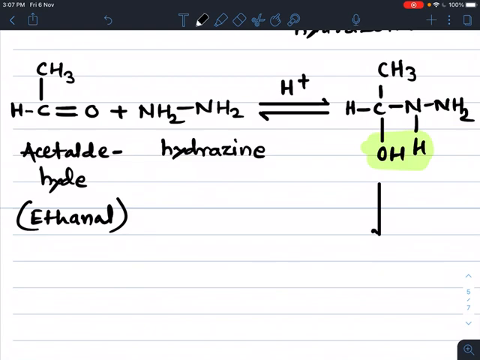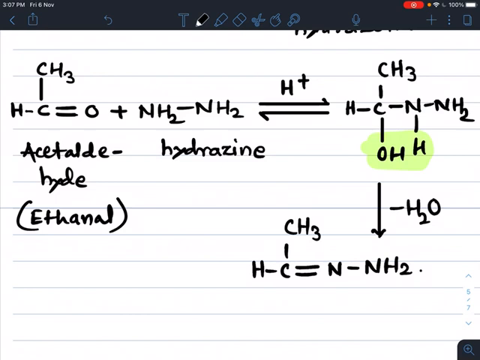Now by the removal of H2O we get its corresponding final product. So dehydration takes place, and we can write minus H2O on the arrow. What is the remaining product? CH3CH doubly bonded with NH2. The name of this compound is acetaldehyde hydrazone.